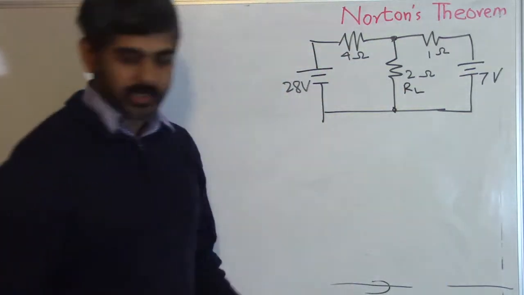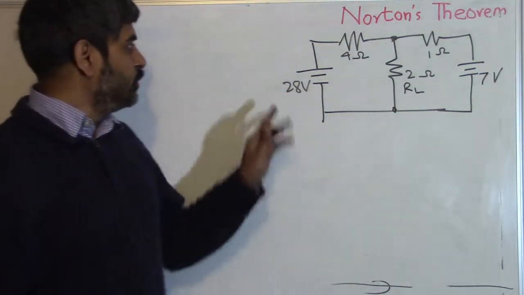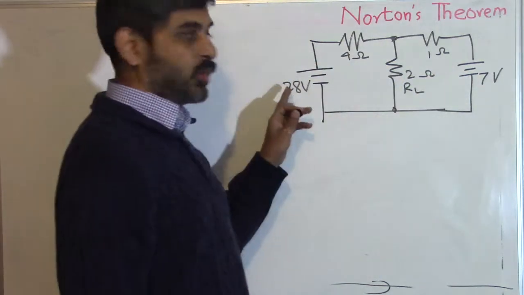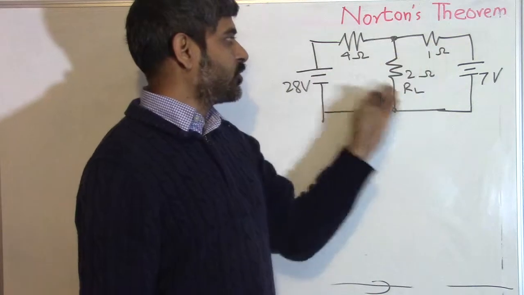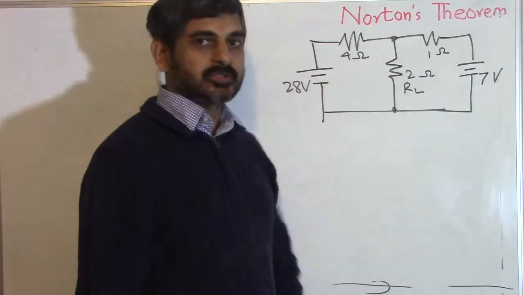It has two voltage sources, 28 volt and 7 volt, and there is a 4 ohm resistor, a 1 ohm resistor, and this is my load resistor.